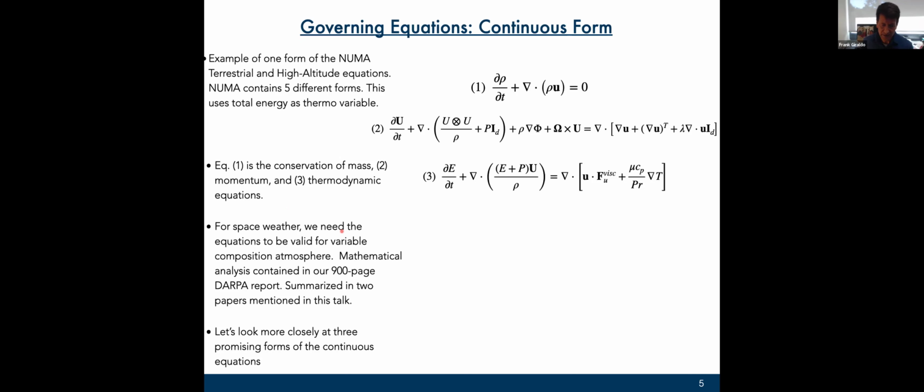And I can't obviously go through all of the stuff here today, but we do have about a 900-page DARPA report where we gather all the results of that 3-year project that was funded by DARPA. But I'll summarize 2 of the papers that are coming out of that work in this talk here.